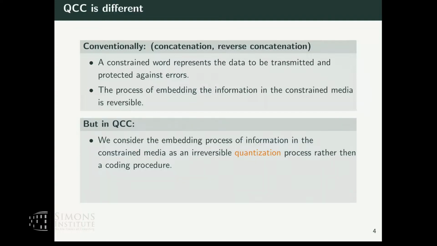But in QCC, we are going to look at the constrained encoder as a quantization process. Namely, we won't bother reversing it, and therefore we would not pay any rate for it. Instead, we will consider it as extra noise.